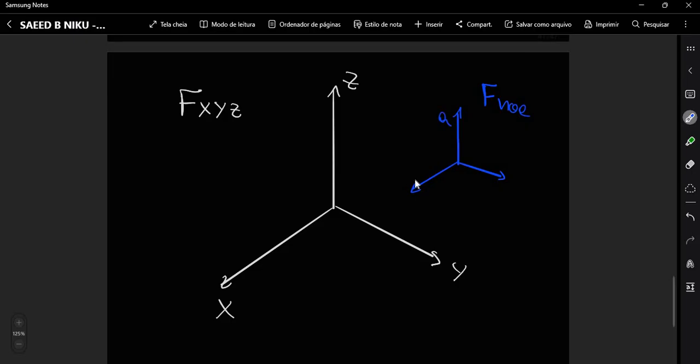In this one the axis or unit vectors are A, this one is N, and this other is O, and it is linked to the reference system Fxyz this way.